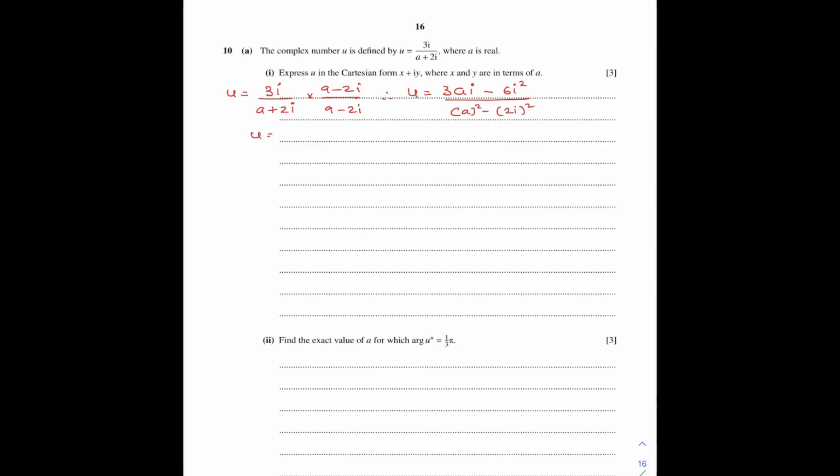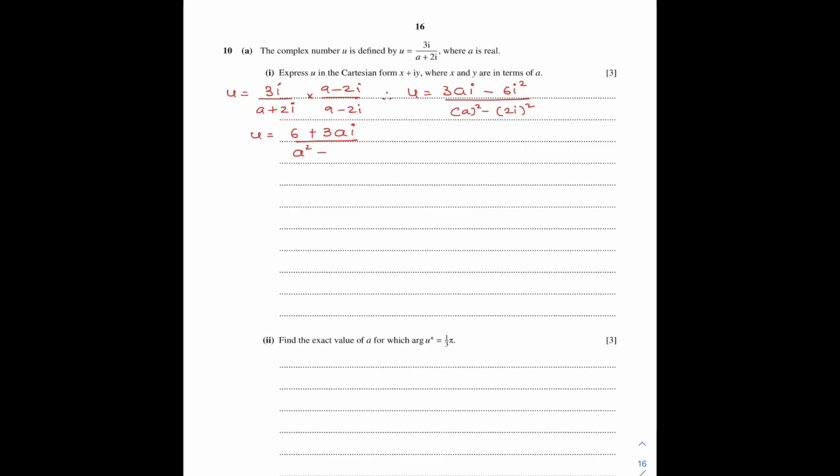Therefore u is 3i times a, 3ai, minus 3i times 2i, negative 6i squared, over a squared minus 4i squared. Negative 6i squared becomes negative 6 times negative 1, because i squared is negative 1.